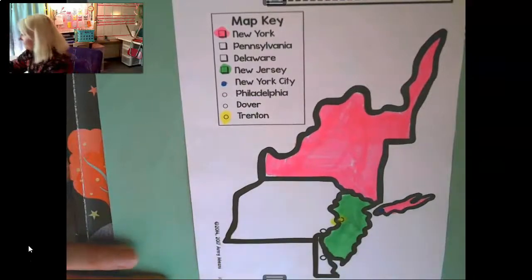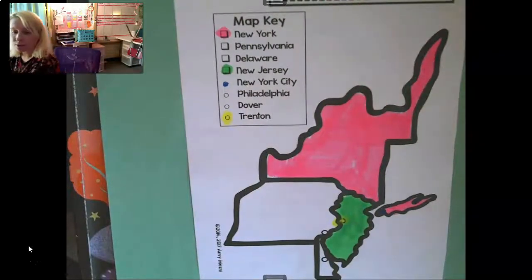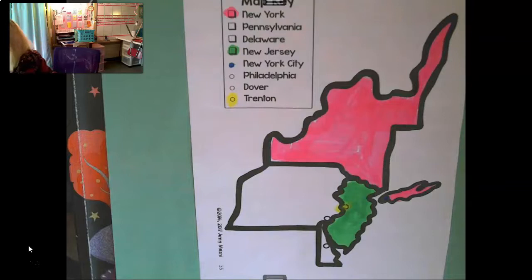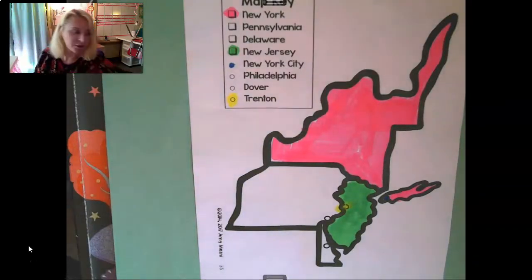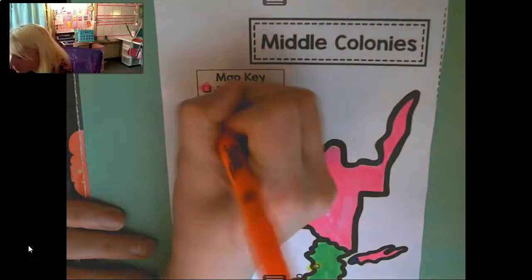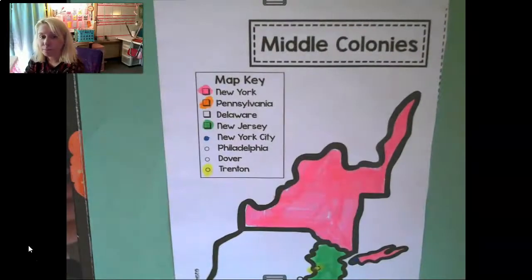Here's Pennsylvania. Let's see, I've used pink, green, yellow, blue. Let's go with, running out of colors, guess orange. So I'm going to shade in Pennsylvania with orange in the key.